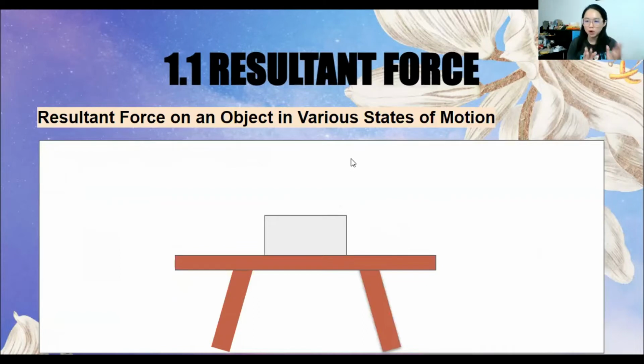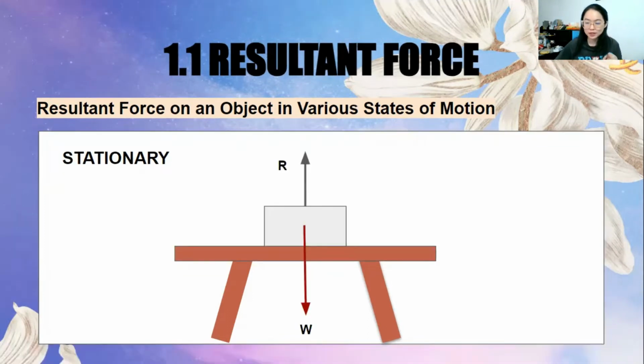Let's say I have a box on the table, and the box is stationary. How are you going to draw the forces? All objects on the earth are affected by gravity, and every object, which consists of a quantity of matter, has mass. So the first force you must understand is its weight.